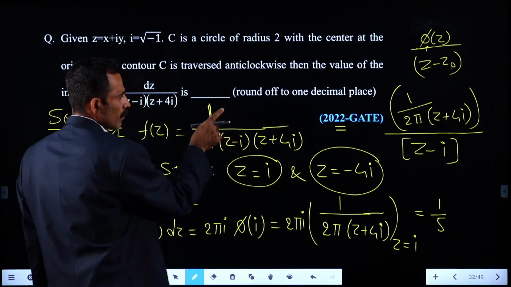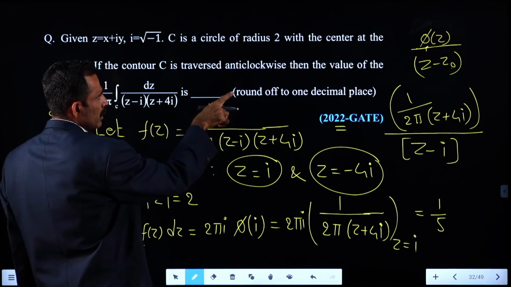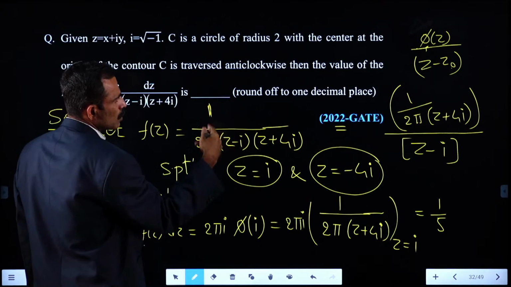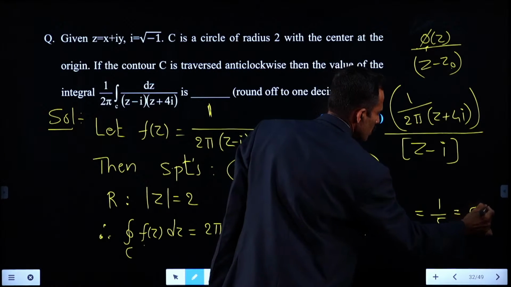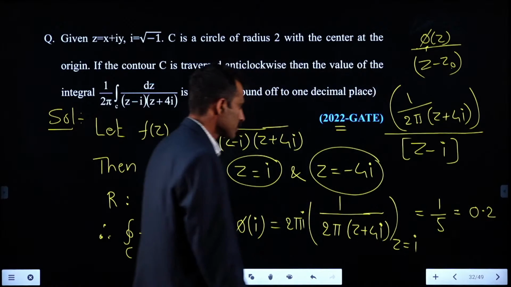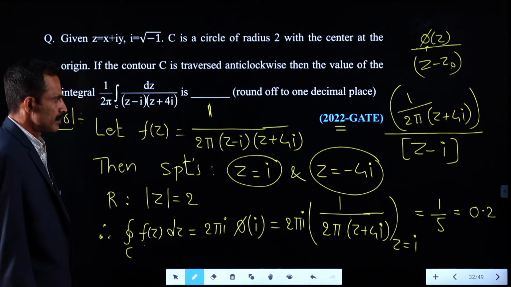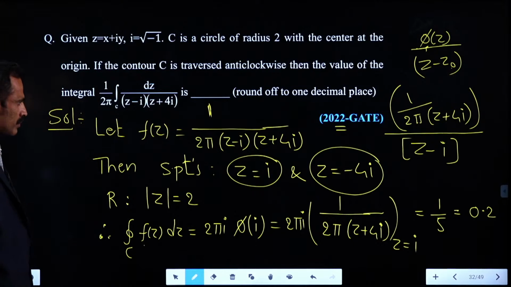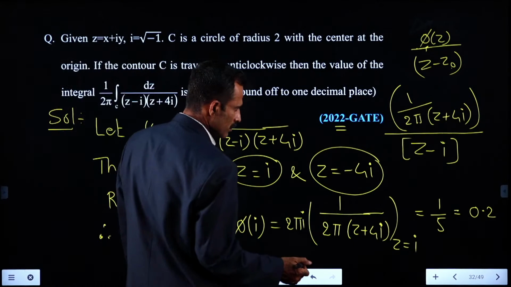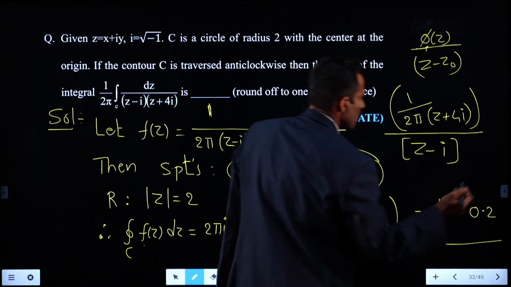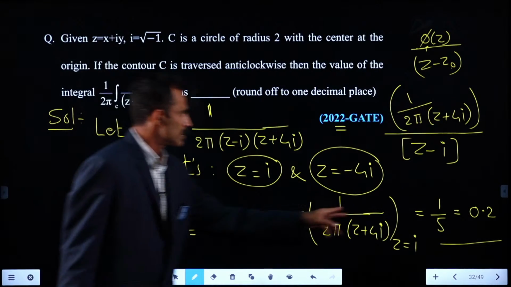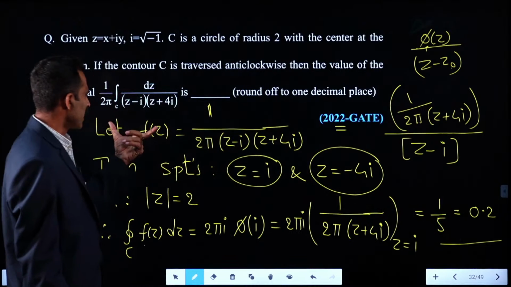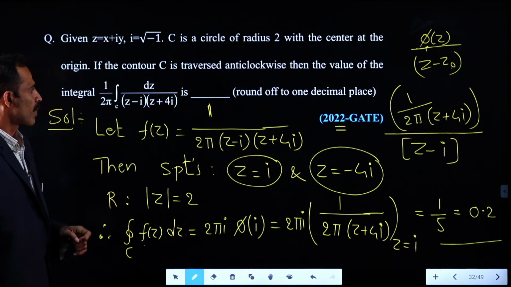Now it is a fill in the blank question, and we should round off to decimal places. So this is equal to 0.2. This is the value of our given integral along the given closed curve.